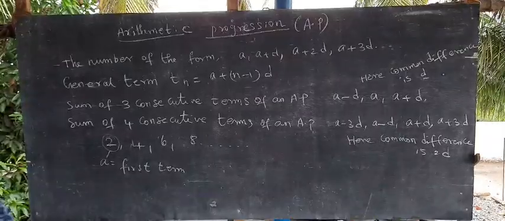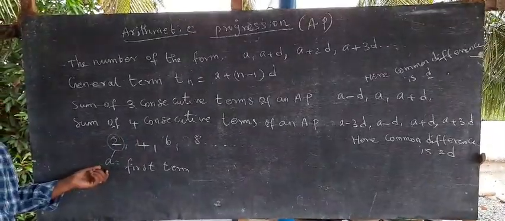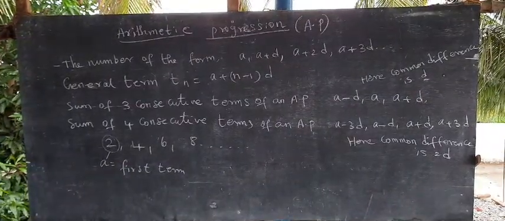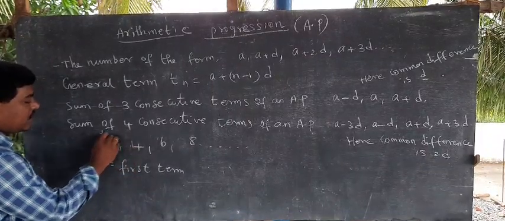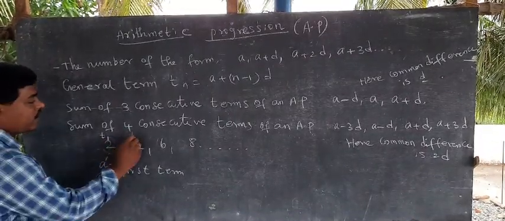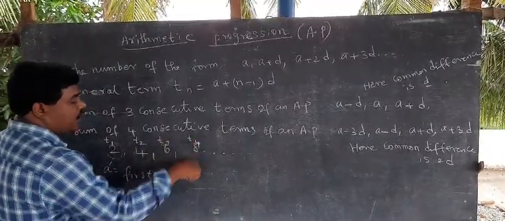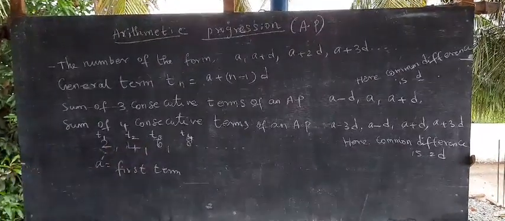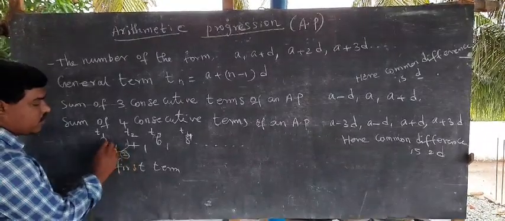The first term is denoted A. Then the terms are T1, T2, T3, T4. Like this we have to mention them. Here the difference is 2 only.